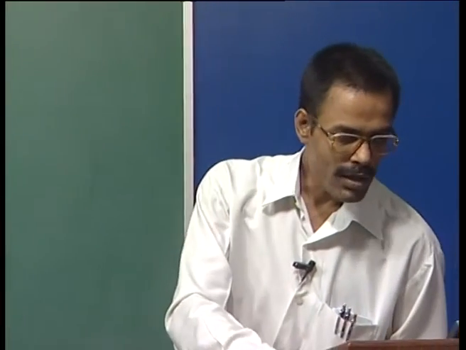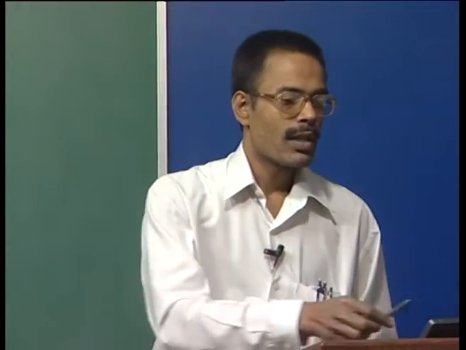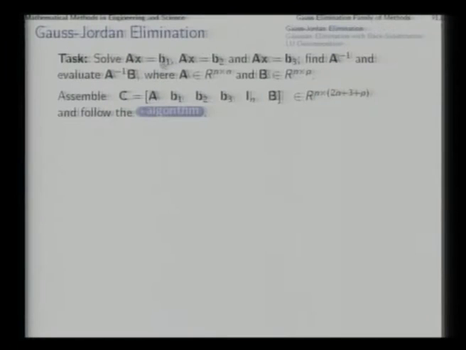For that, first we assemble the matrix A, the right hand sides b1, b2, b3, and an identity matrix if we want the inverse of A also, and this matrix B here. After assembling this matrix, we have a matrix of size n by 2n plus 3 plus p.